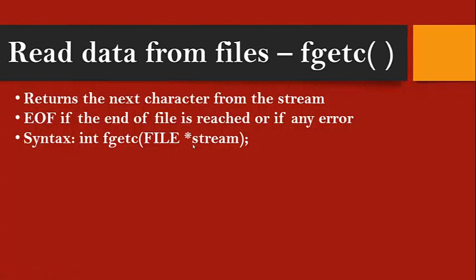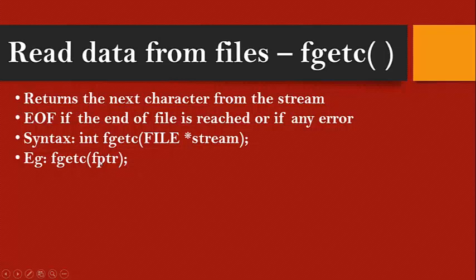Basically we have to use the file pointer, which is a file structure pointer, and then specify the stream from which you are trying to take the input. For example, let's say I'm calling the function fgetc and passing the stream as a file pointer variable. It means that a file pointer variable has been created in order to open the existing file.